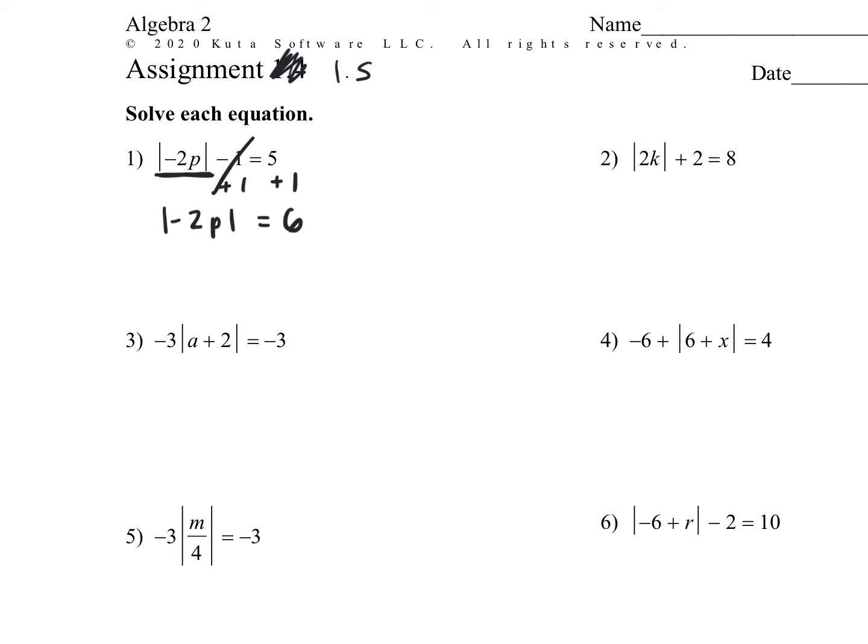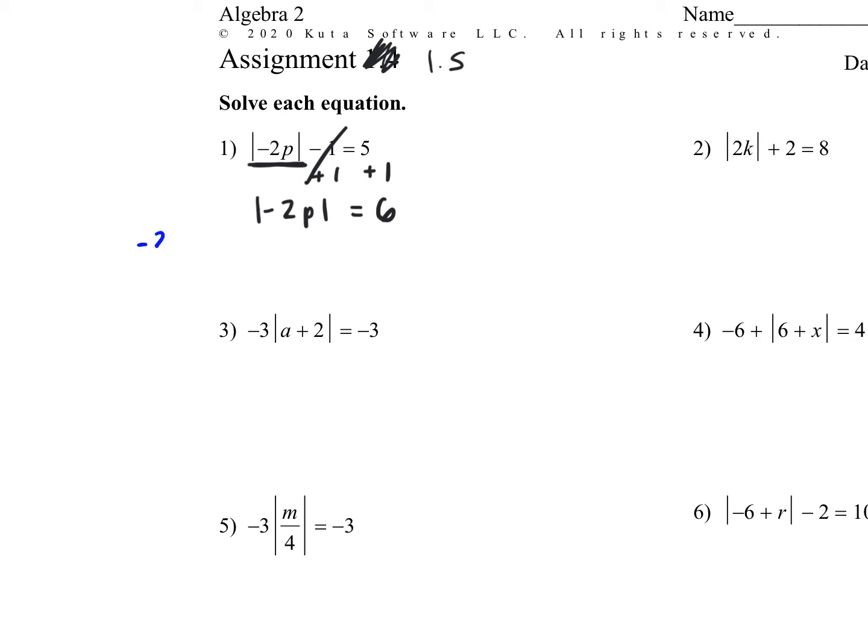Tessa, do you remember? Don't you just write 2p equals 6? So it would be -2p is equal to 6. And then we also have to include the -6 also. So -2p is equal to -6. We have to split it up into the positive version and the negative version.